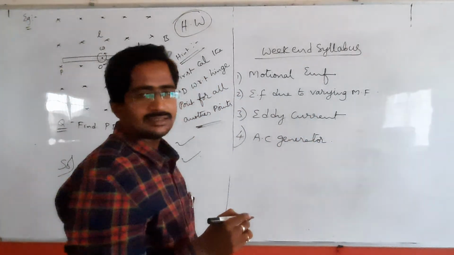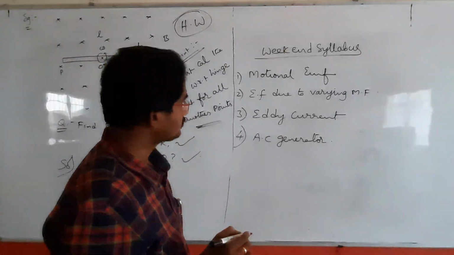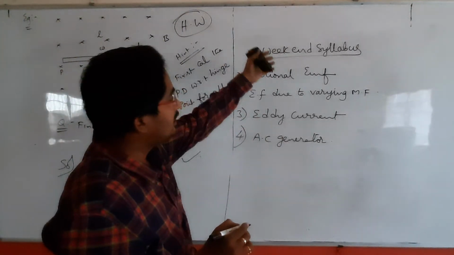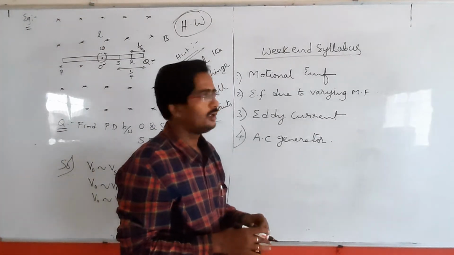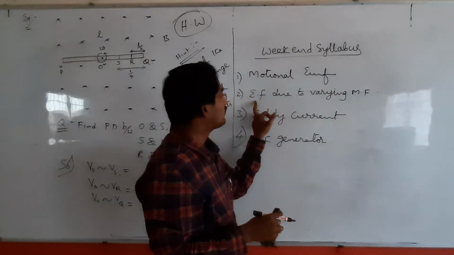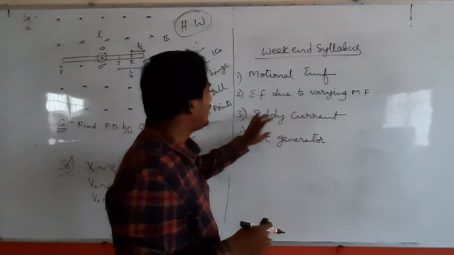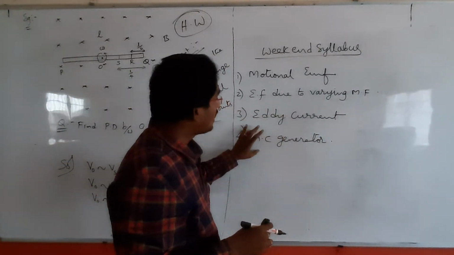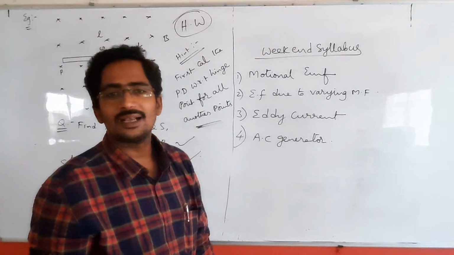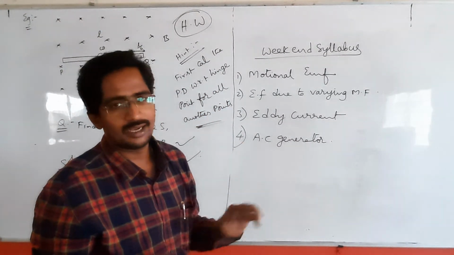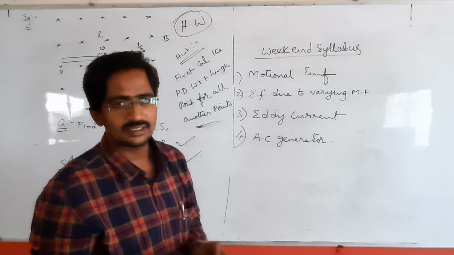Up to that, you have the syllabus for this week. Okay, motional EMF, electric field due to varying magnetic field, eddy current, and alternating current generator. Up to that you have the syllabus for this week.